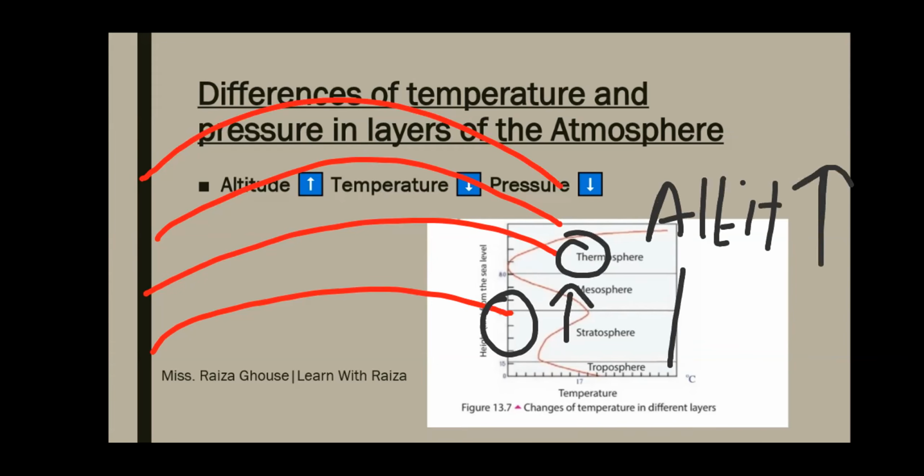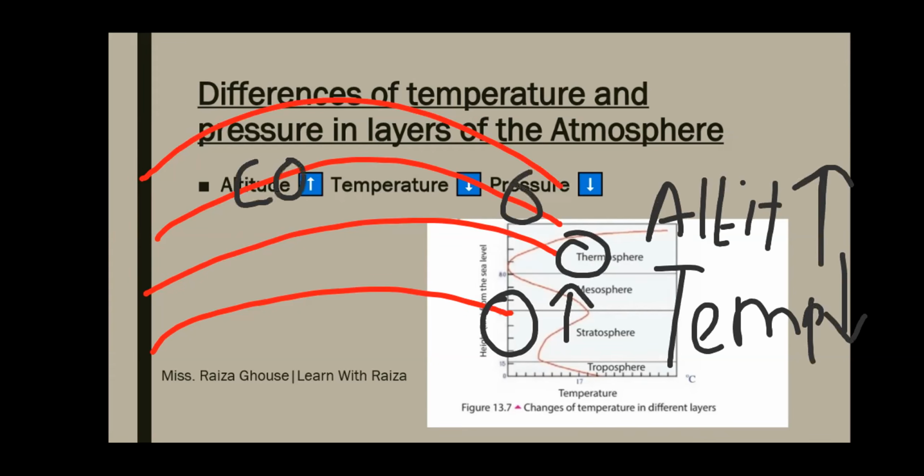Altitude increases means the temperature decreases. That's what I told you. When you come to the mesosphere layer, that is the coldest. In the troposphere layer, where we are living, the temperature near the land is high. So temperature in the troposphere decreases when we go away from the land.